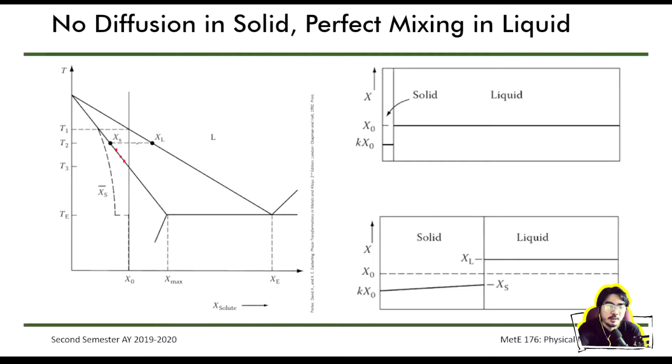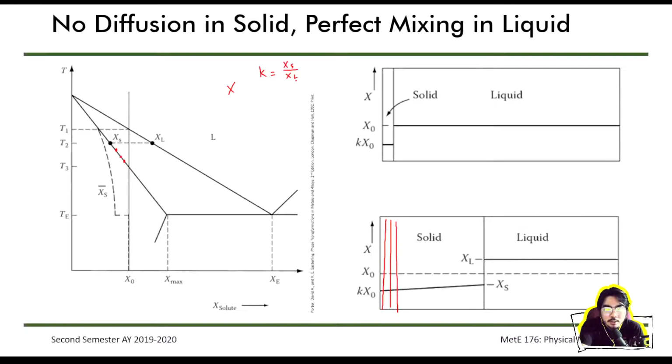So the composition of your solid increases with every layer you produce. This is given by K, because if you remember, our K is equal to the composition of the solid divided by the composition of the liquid.